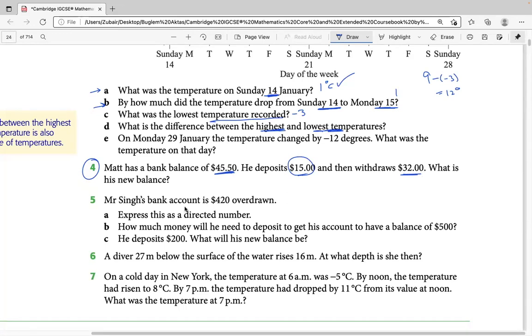Correct. $28.5. Very good. So do you understand how to handle statement questions? Yes.